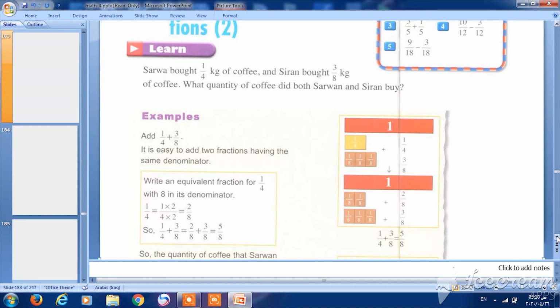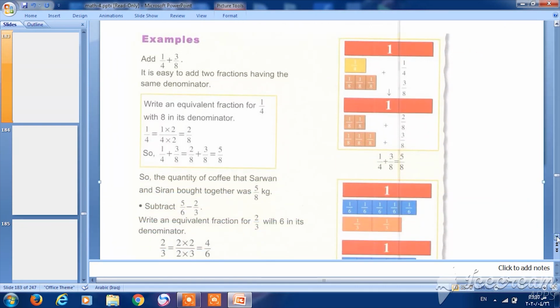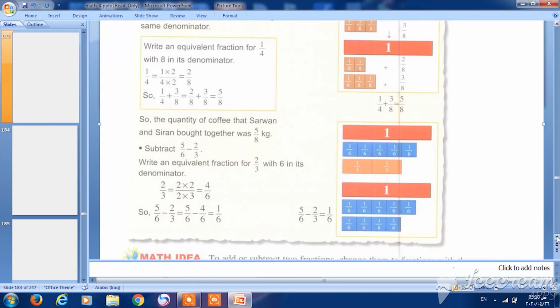And when you find the difference between two fractions that have different denominators, you can also make them the same denominator. Take the fraction with the smaller denominator, and find an equivalent fraction for it. 3 must be changed to 6.